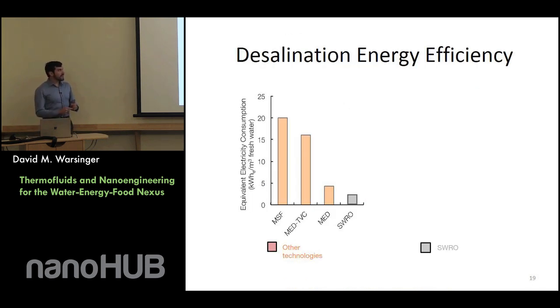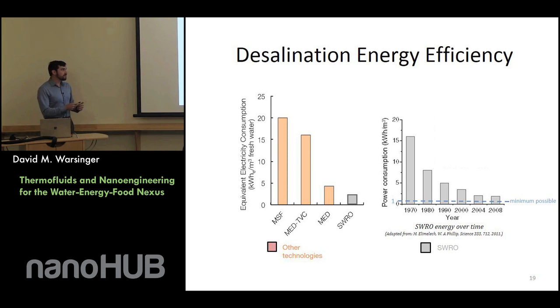Over time, the energy needs for seawater reverse osmosis have gotten very low, and so they're much lower than the thermal technologies. So there's a niche where reverse osmosis is most competitive, which is an extremely viable technology. And you can see there's been a steady march down of the energy needs for seawater reverse osmosis, or SWRO. But energy is still at least a third of the cost, so we still want to bring this down even further.